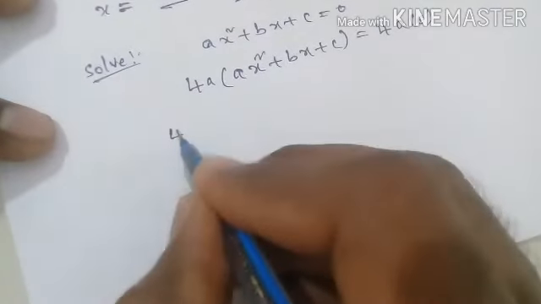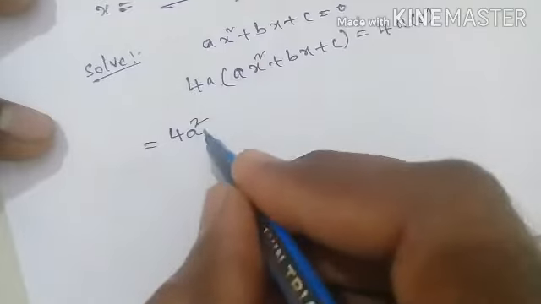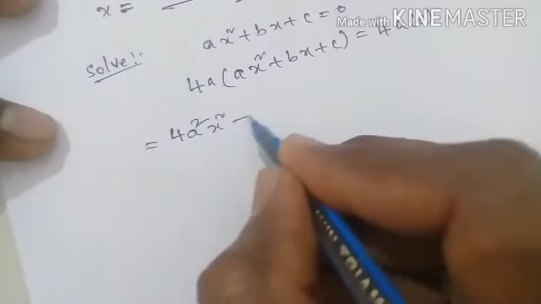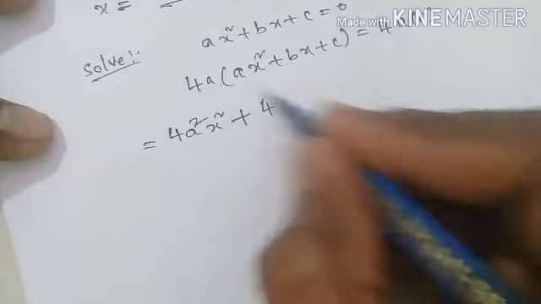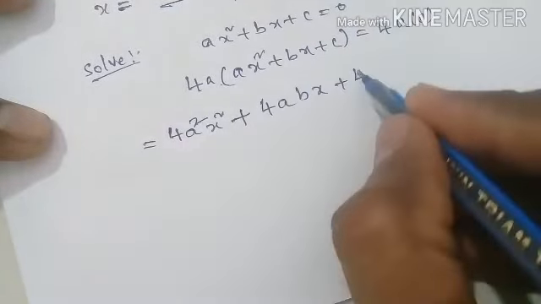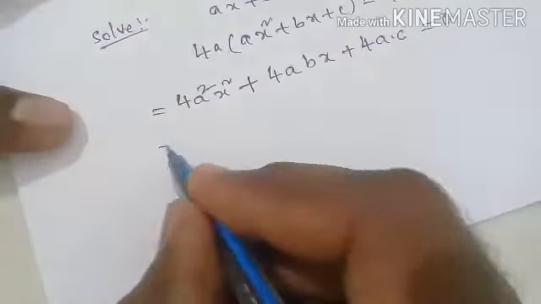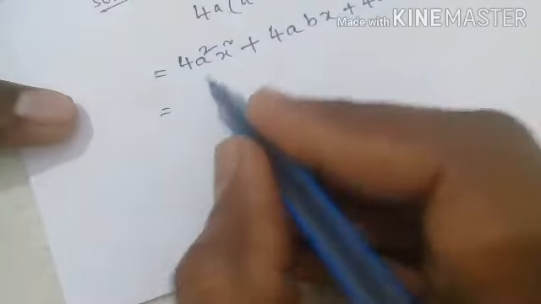Now multiplying, it is equal to 4 into a square x square plus 4 into a into b into x plus 4a into c is equal to 0 into something, 0. Now we know that 4 can be written as 2 square.